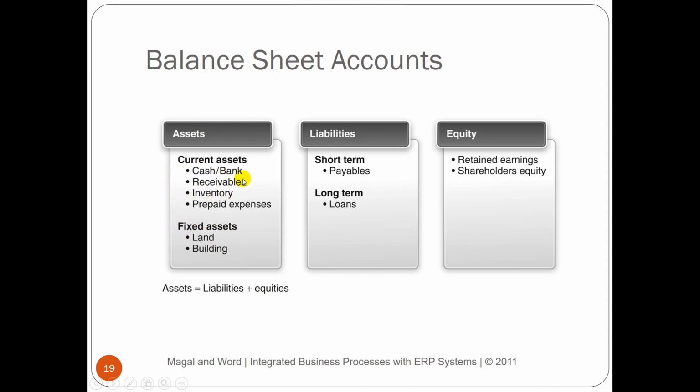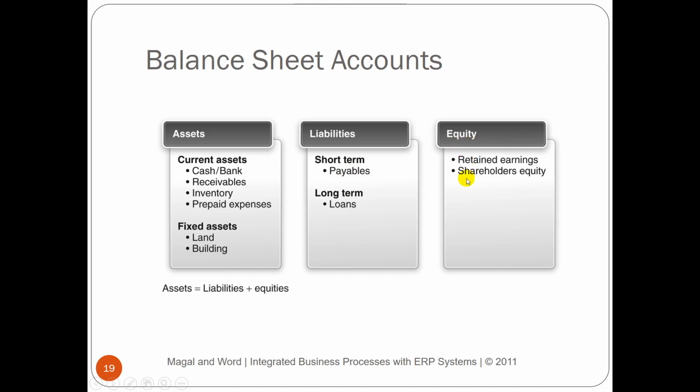We have the fixed assets, for example, the land and the building, and the current assets: the cash in the bank, receivables, inventory, and prepaid expenses. For liabilities, we have the short-term liabilities like payables, and the long-term liabilities like loans.